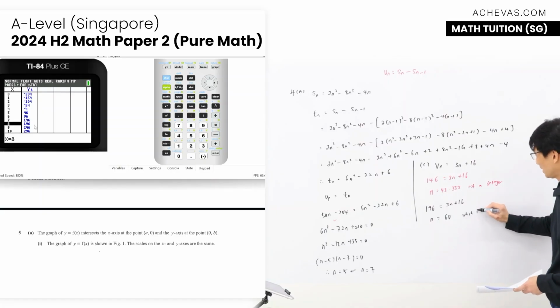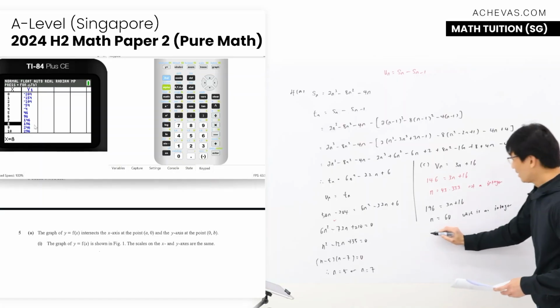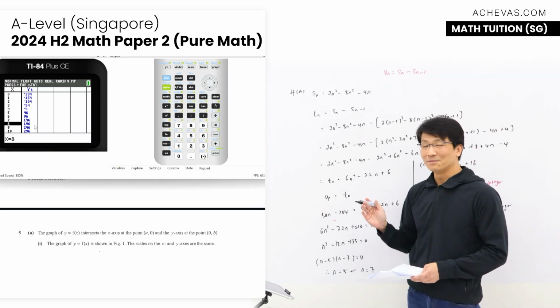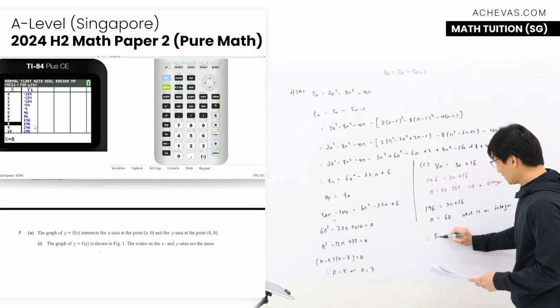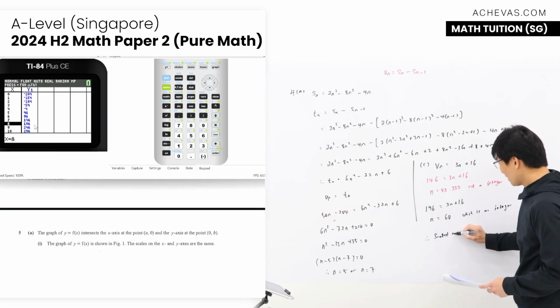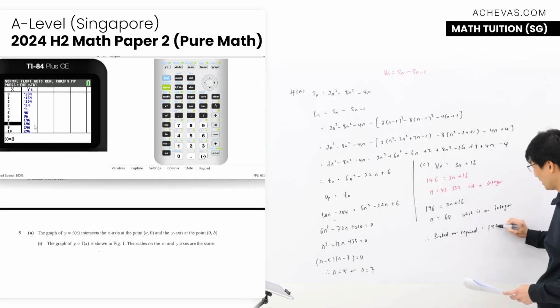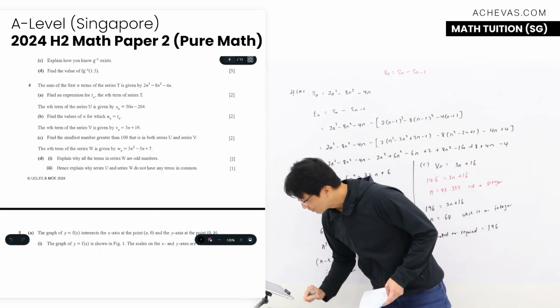So this is a valid solution for both our Un and Vn. Therefore, I can conclude the smallest number required will just be equal to 196. That will be the answer for my part C.